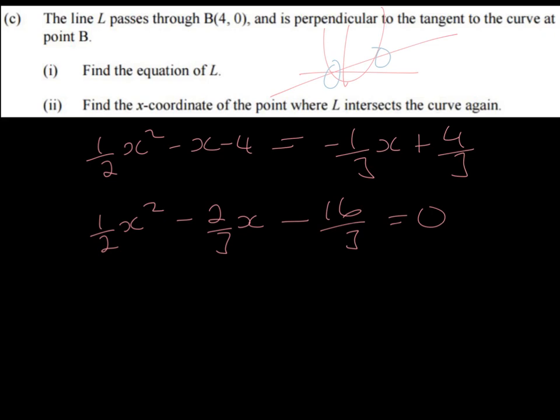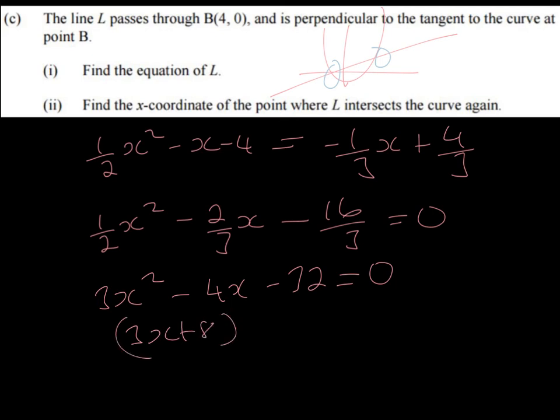And we can either solve that on our calculators, or we could multiply by 6, which would give us 3x squared minus 4x minus 32 equals 0, and try and solve that. So we would get (3x plus 8)(x minus 4).